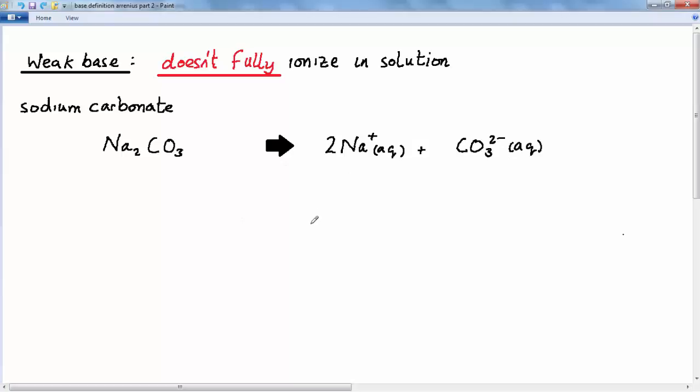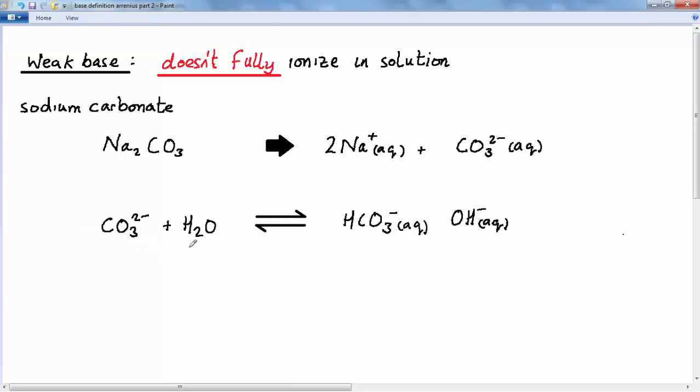Then these carbonate ions will attract the hydrogen ion from the water to produce the bicarbonate ion plus a hydroxide ion. So sodium carbonate indirectly results in the production of hydroxide ions, but this is not a complete ionization process.